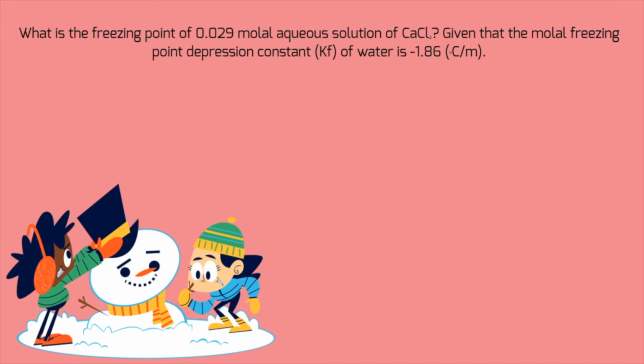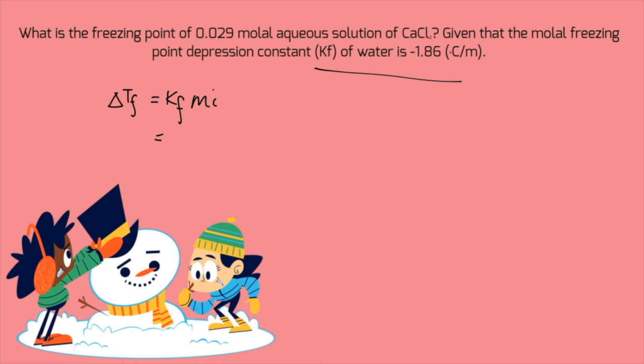The formula for the freezing point depression is delta Tf, the change of temperature for freezing, which is equivalent to Kf times molarity and the charge of the ion. All you need to do is plug in all the values given to you.